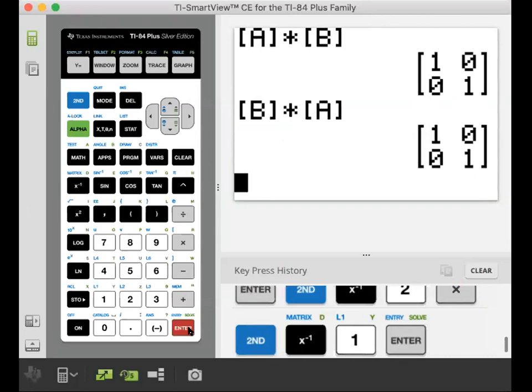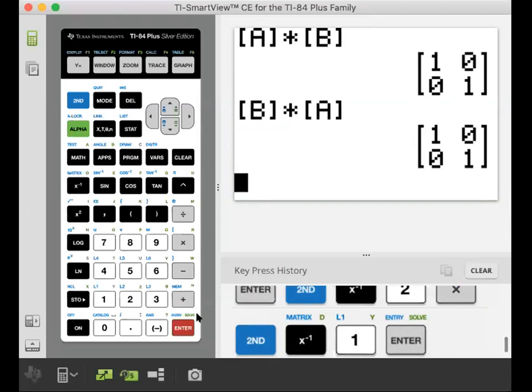Inverses are really important in this type of math. And this type of math is called linear algebra. Matrices are the sort of objects we study in linear algebra, but the topic itself is called linear algebra.